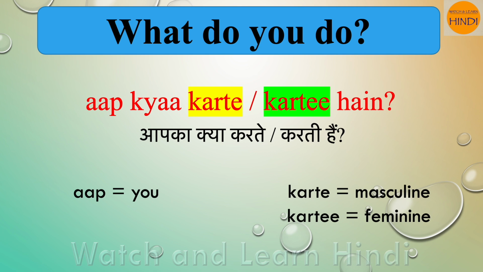So if you're asking a person whose gender is masculine, you will say आप क्या करते हैं? If the gender is feminine, you will ask the question as आप क्या करती हैं?